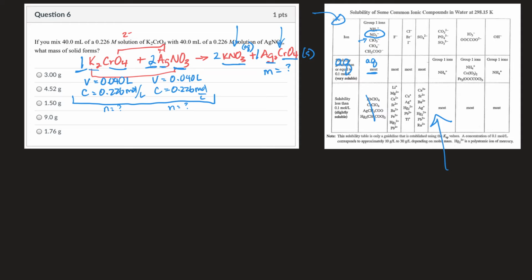Usually the way we do it is we figure out the moles of potassium chromate. So moles is equal to mass... oh no, these are volumes. So not that.